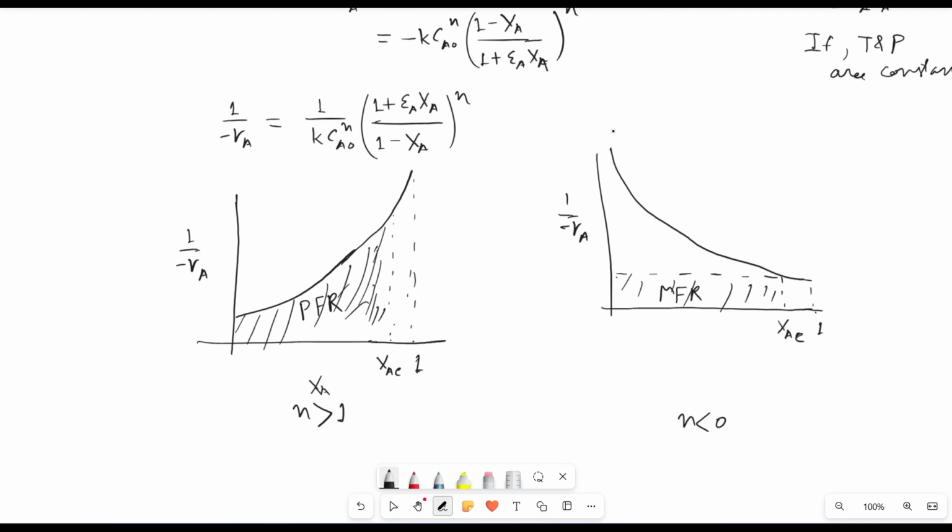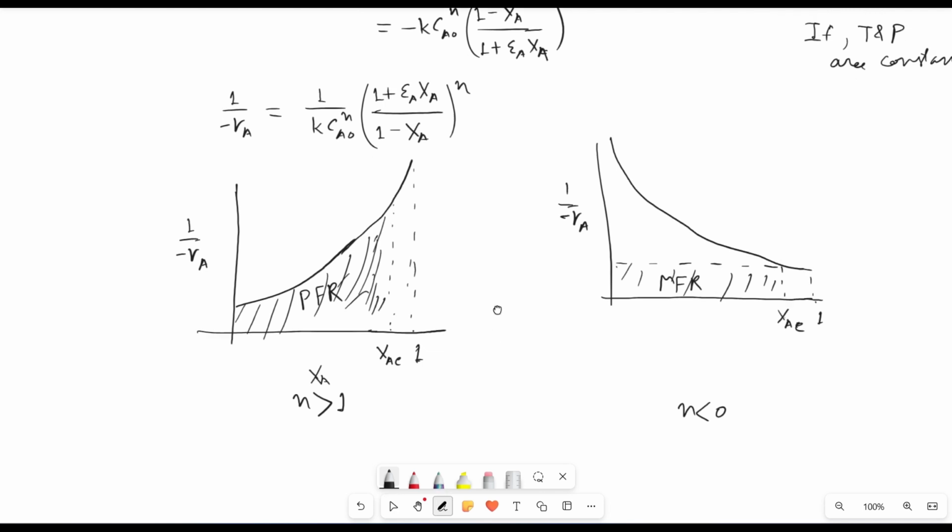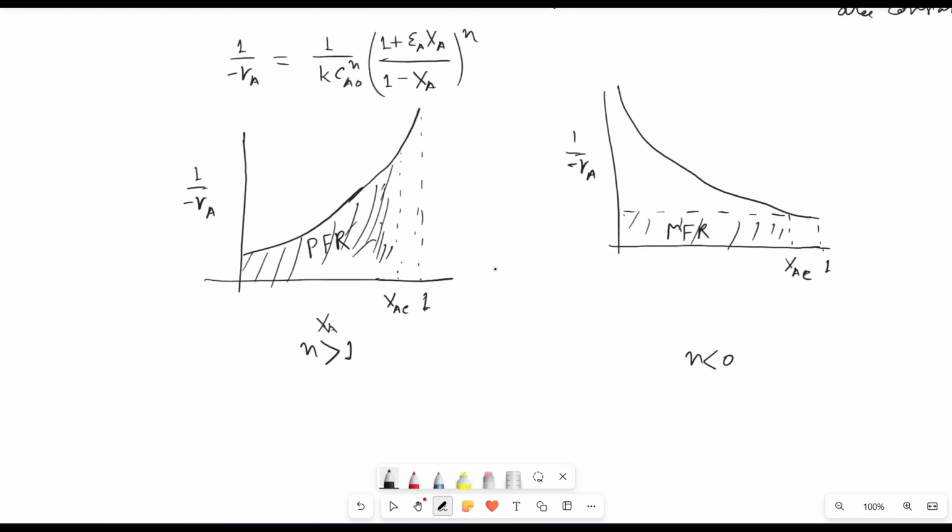And for n equal to 0, both will give the same volume. Hence, for n equal to 0, either you use PFR or CSTR, both will give the same volume. You can see this from both performance expressions; you can integrate and see both give the same expression.